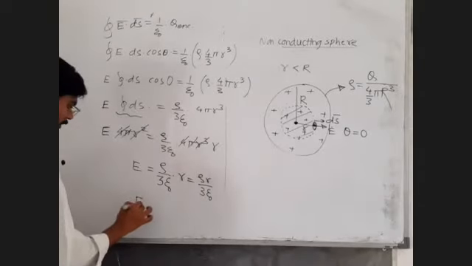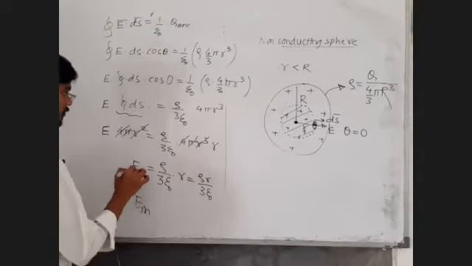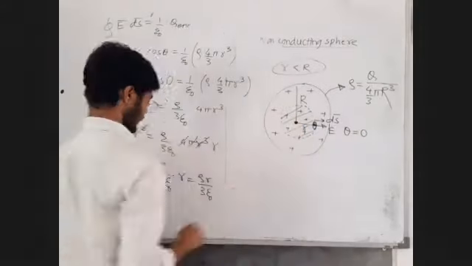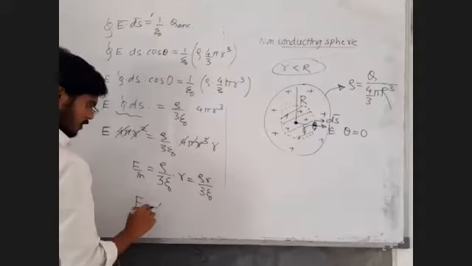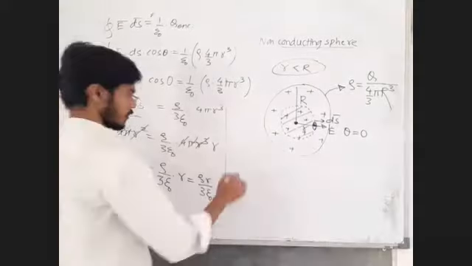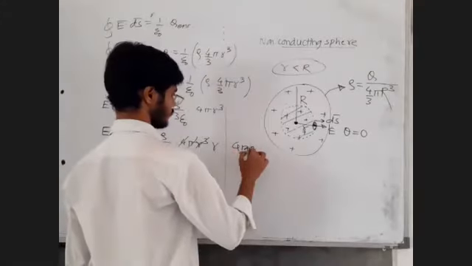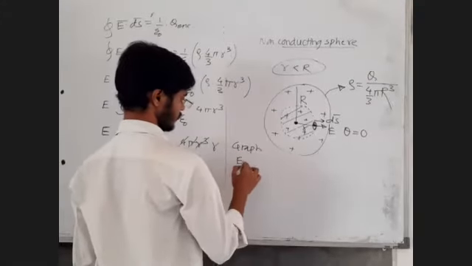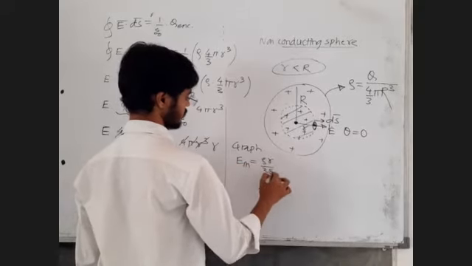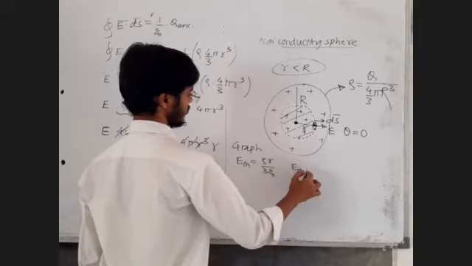So inside, where small r is less than capital R, the electric field is directly proportional to r. Okay. Graph. Inside, rho r upon 3 epsilon 0. Outside.